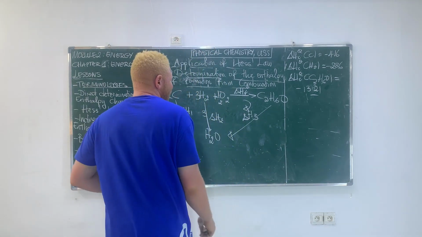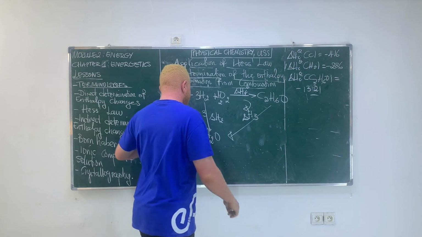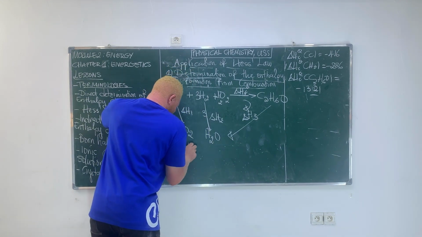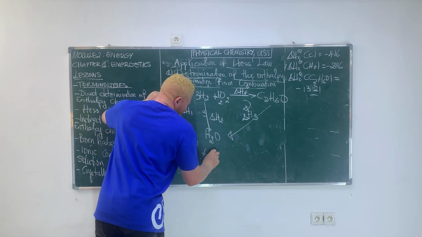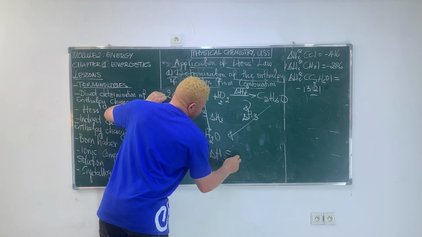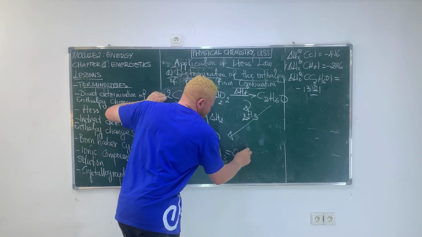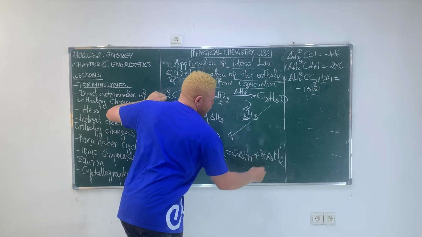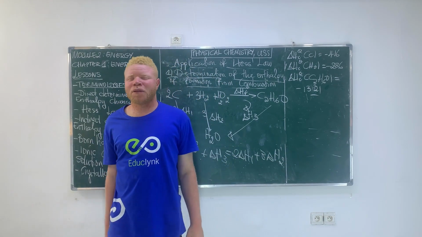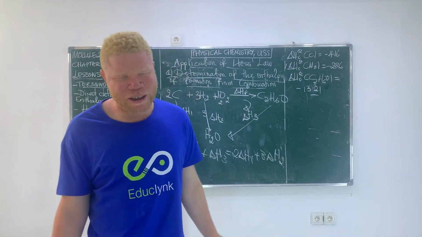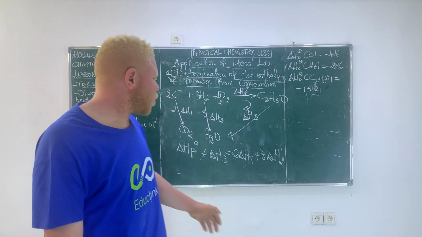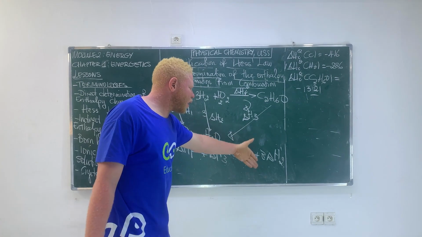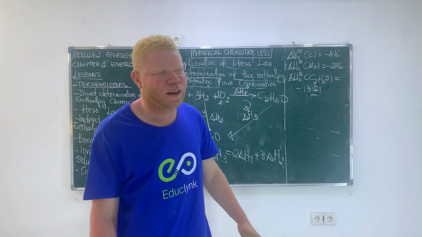If I apply this, I get the direction of formation plus the direction 3 equals the direction 1 plus the direction 2. So the enthalpy of formation equals 2ΔH1 plus 3ΔH2 minus ΔH3.